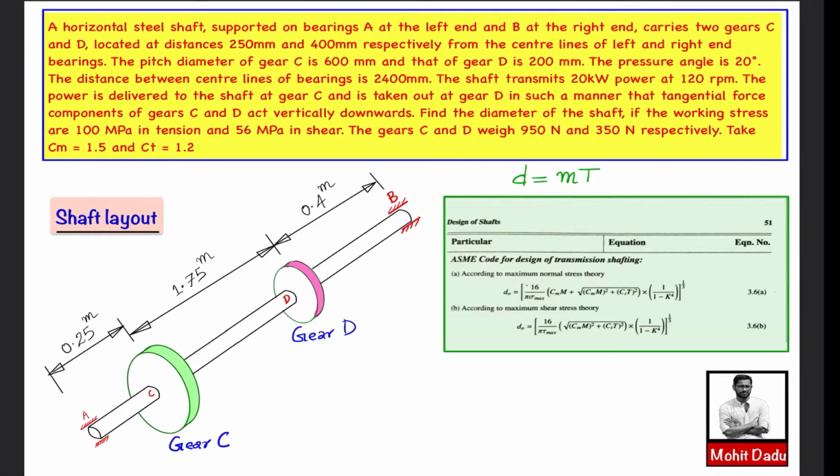So first we will be evaluating the torque transmitted. The power transmitted by the shaft is equal to 2 pi N T divided by 60. If you solve this, you can evaluate the torque. Here power is given as 20 kilowatt and N is 120 rpm.